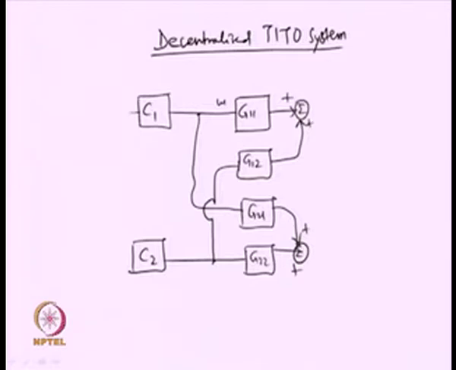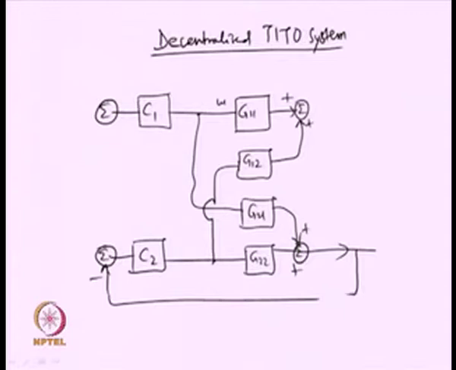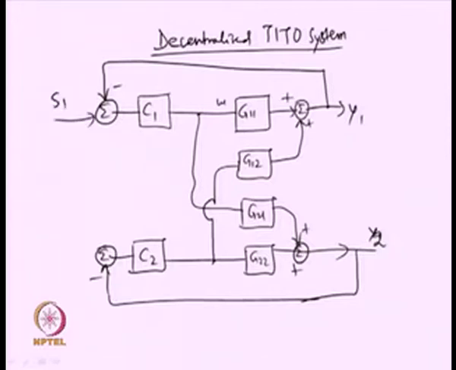So, with these controllers we can have the closed loop system shown as this, this is y2, this is y1, negative feedback and set values S1 and set values S2. So, this is how I develop a decentralized TITO system with two controllers in the loop.